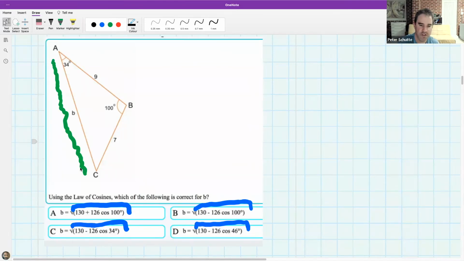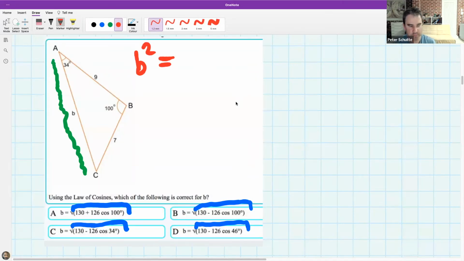So just to see what I would do, I would start by writing down what is b squared equal to. Now, first of all, I have two sides and an included angle. Now, which angle is the included angle?